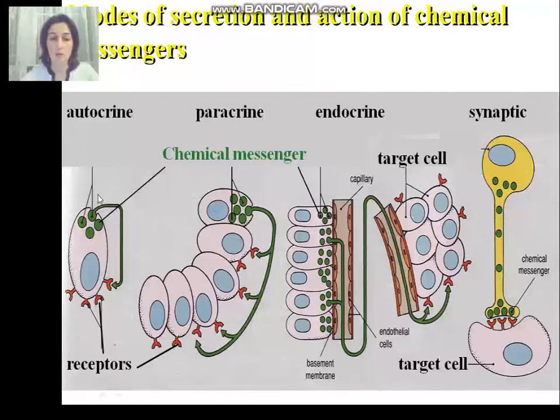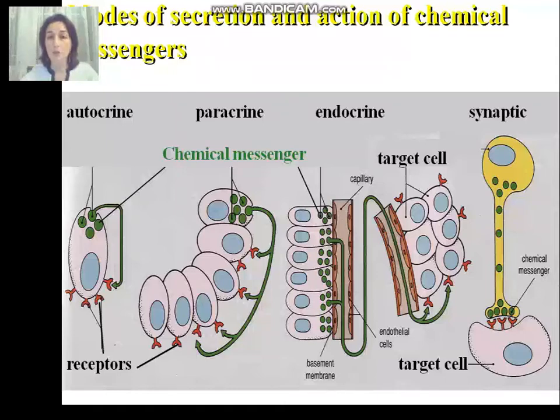It means the hormone will influence the cell itself. Then we have paracrine, when there is some distance between the signaling cell that produces the hormone and its target. It is not a far distance. For example, in the pyloric part of the stomach we have G cells which produce gastrin.